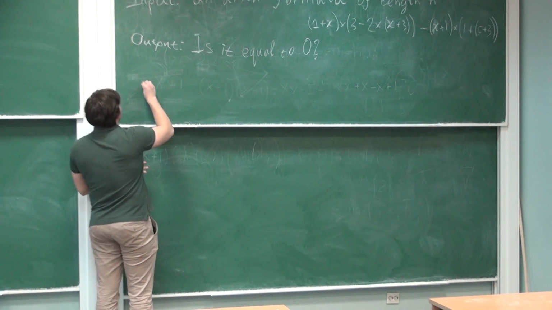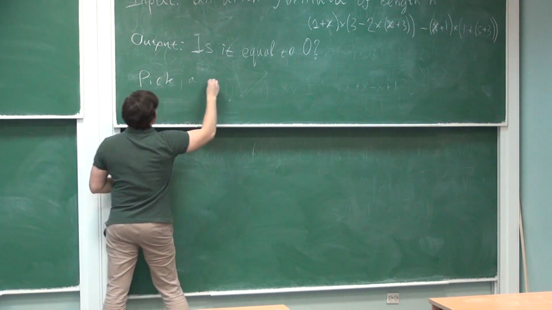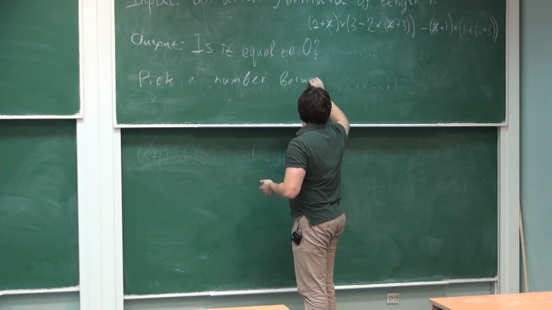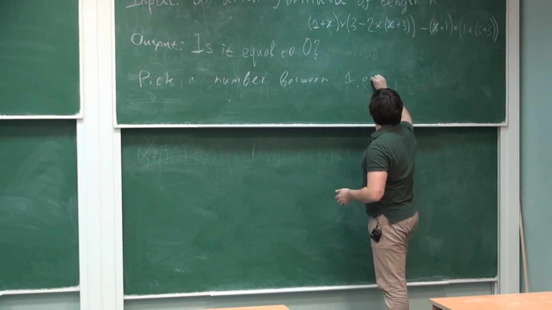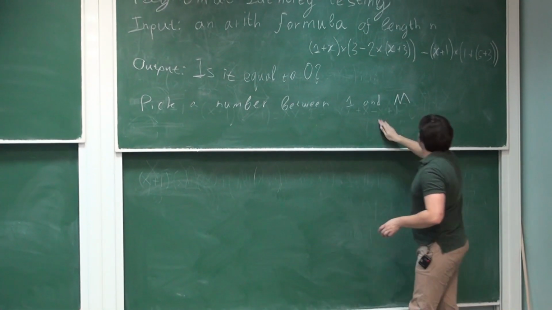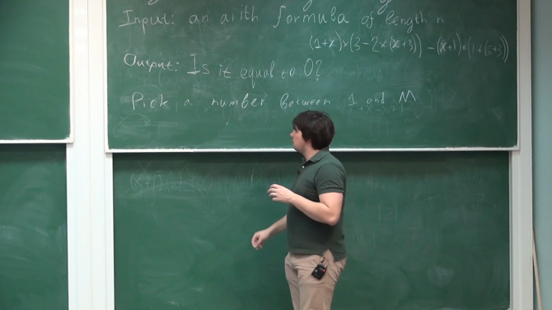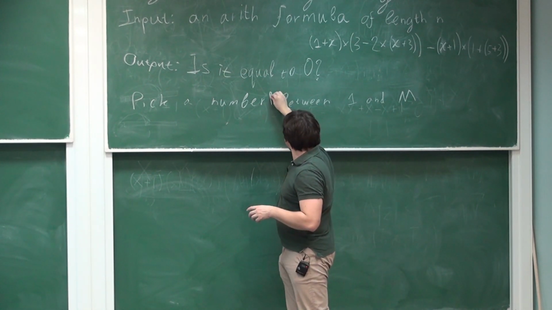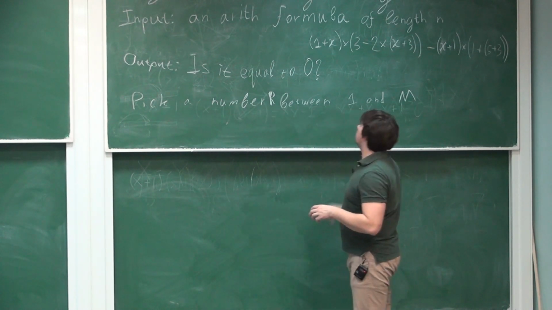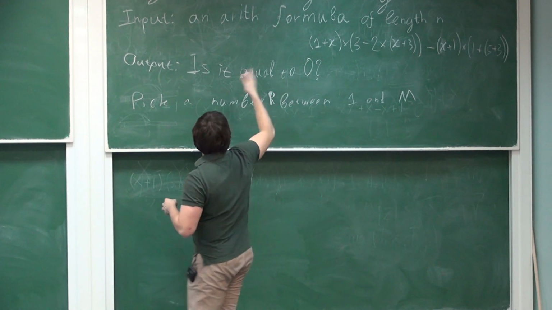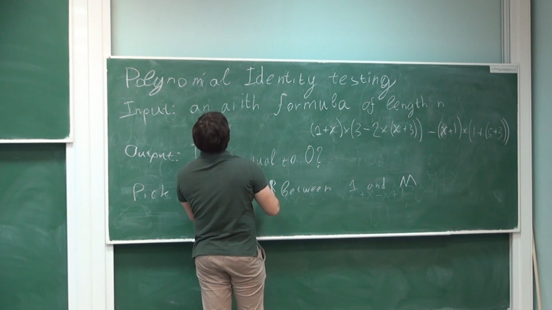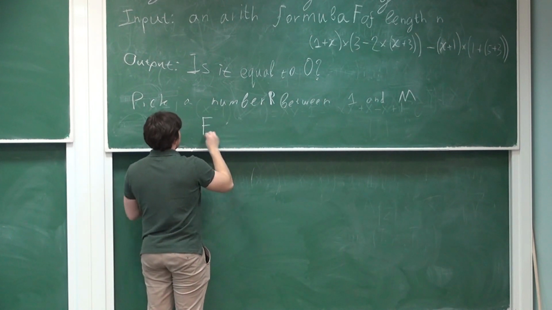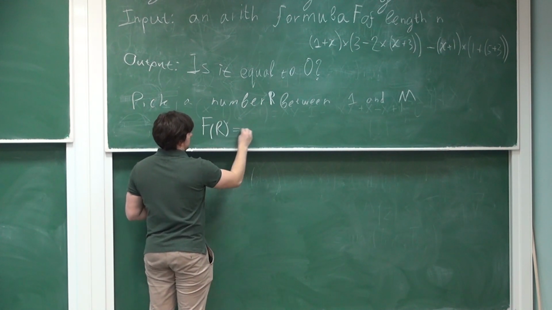So if our algorithm is pick a number r between 1 and m, and then use this number, so compute, if our formula, an arithmetic formula f, so let's see, we compute whether f of r is equal to 0.